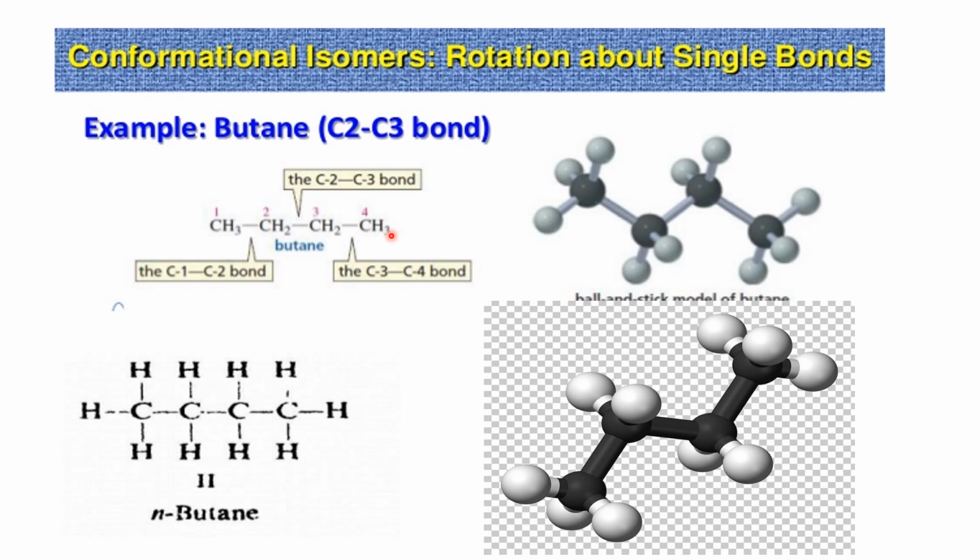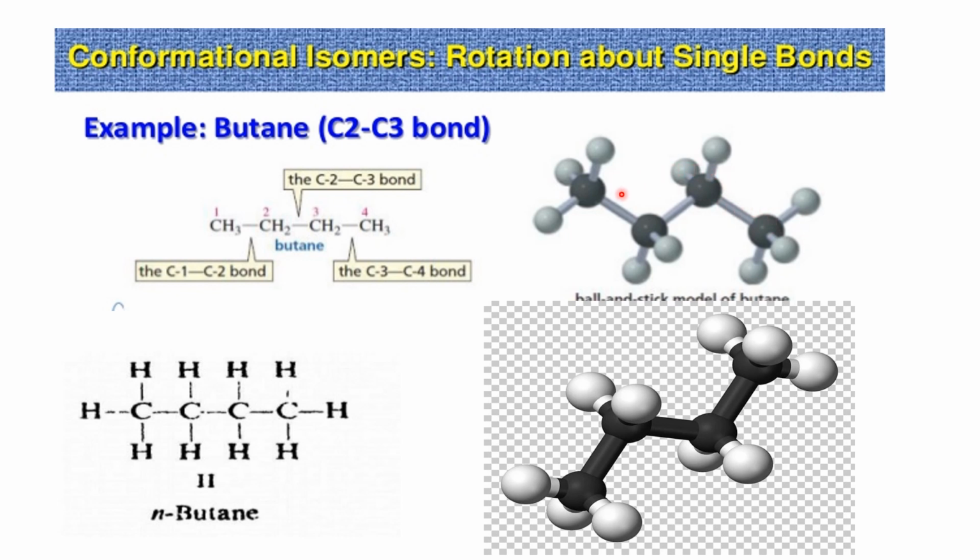Hence, an infinite number of conformations are possible. But we give importance to the rotation around the C2 and C3 carbon atoms. See here, this is the butane molecule and this is the C1 carbon atom, C2, C3 and C4 carbon atom.